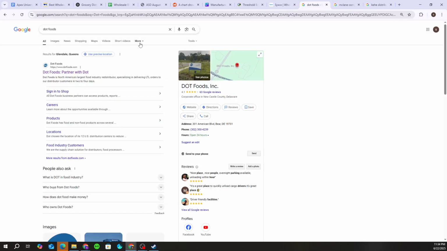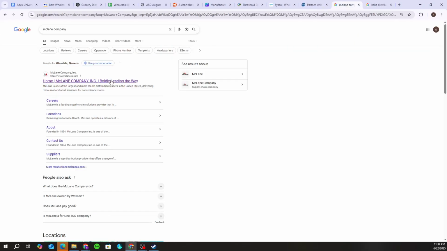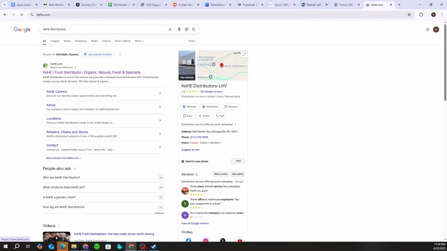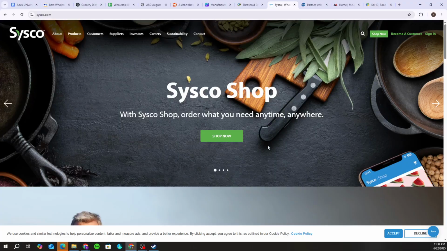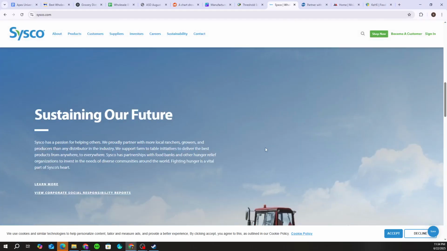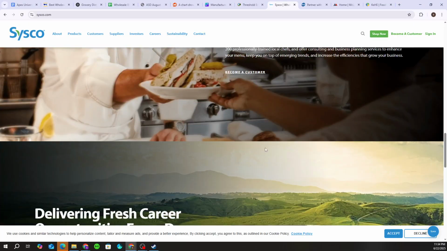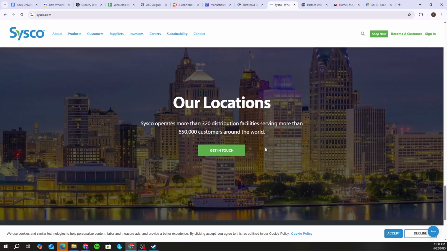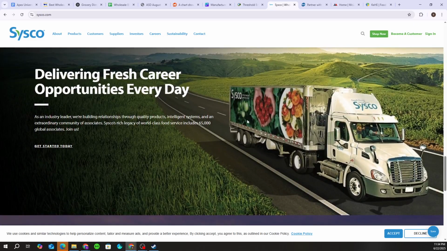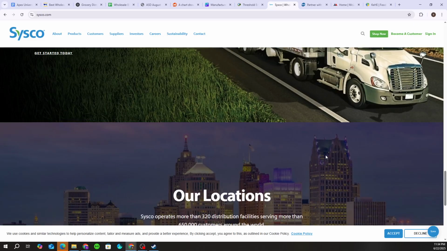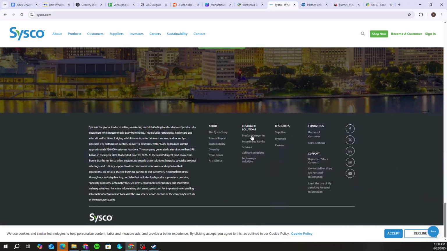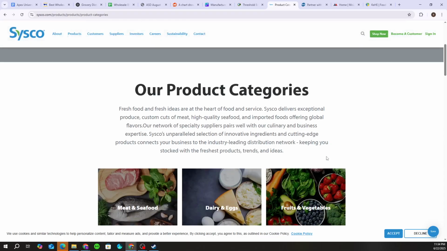Okay, start opening up these companies. Now, at a glance, I'm just going to quickly look, and I'm trying to find the name brand products that I want to sell. Now, just understanding from the image of this truck, and let's see, product categories, okay.